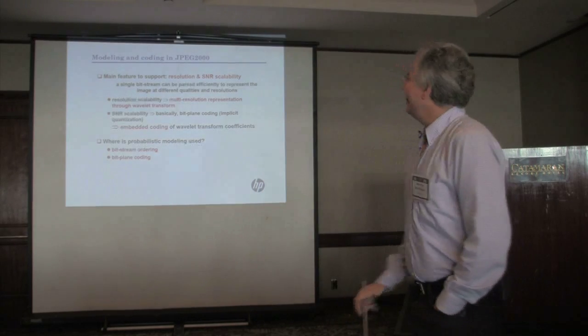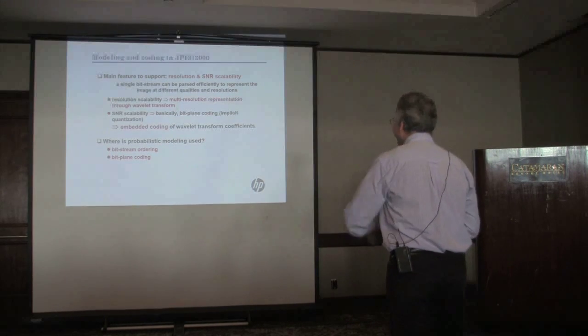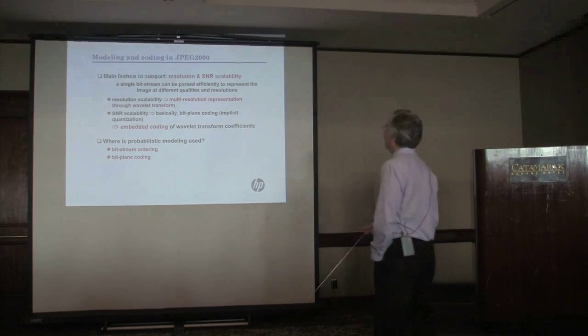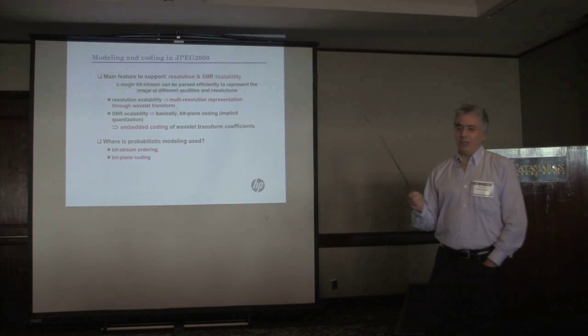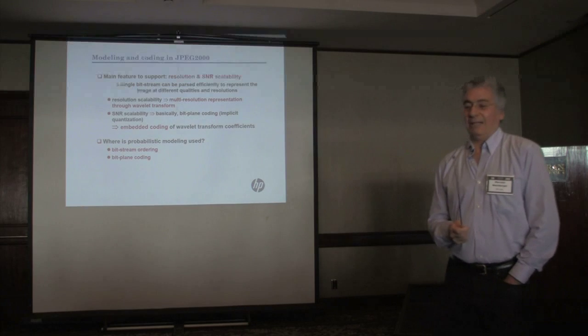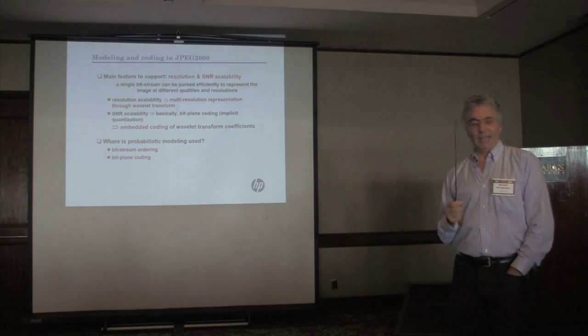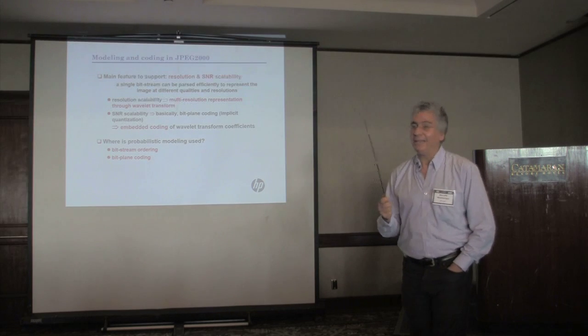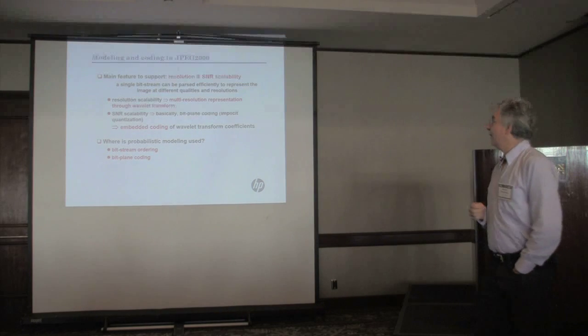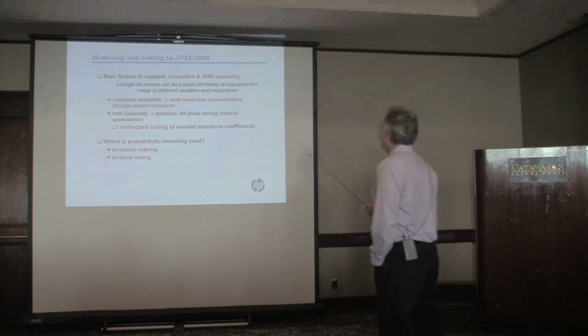So let's move now to spend a few minutes on JPEG 2000. As you know, there was and there still is a very successful standard, JPEG, that is still being used, that was from the late 80s, early 90s, which was based on DCT.